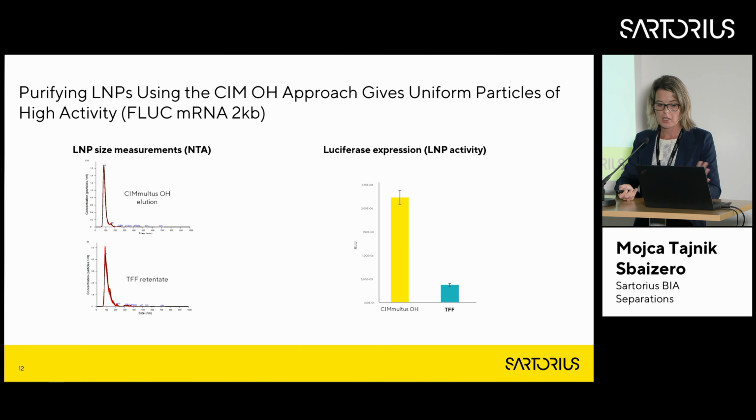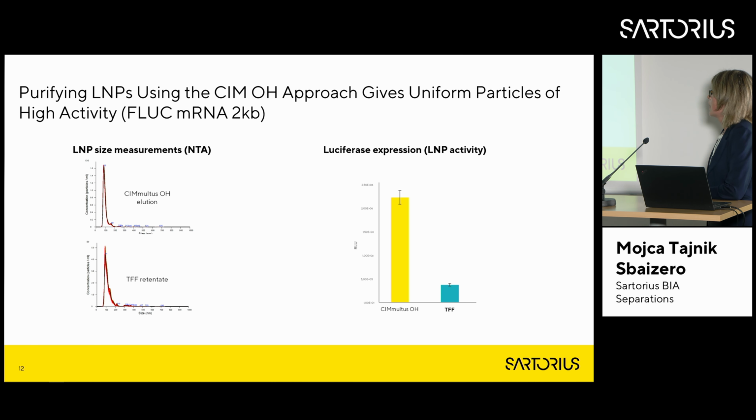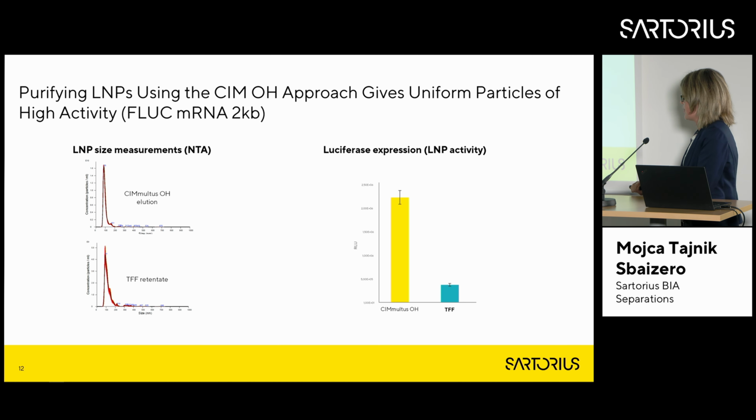For a similar chromatogram that I'm not showing, the elution here is for luciferase mRNA with a 2 kb payload. We compare here the TFF to the HIC elution. If I start on the right side with the luciferase expression, yellow is showing HIC elution, so we have a lot higher activity on the cell-based assay of the luciferase expression compared to the TFF in this case.